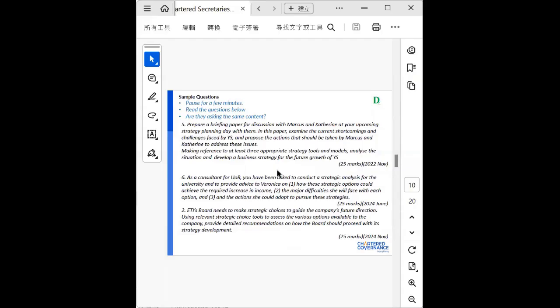In this paper, you have to examine the shortcomings and challenges faced by the company and propose actions that could be taken. So you make reference to appropriate strategic tools and analyze the situation to develop the business strategy. So it's about business strategy. Very clearly, it is about the different choices of strategies.